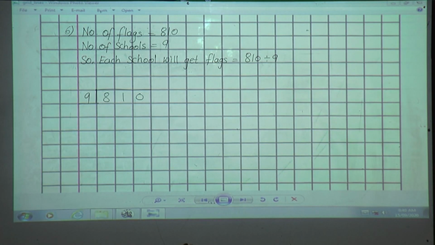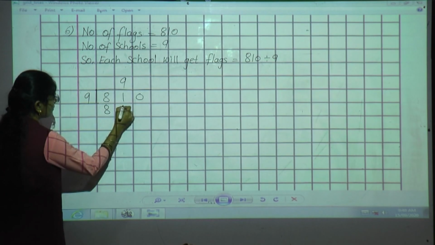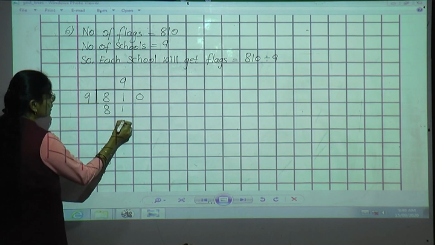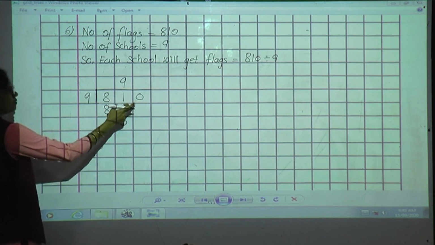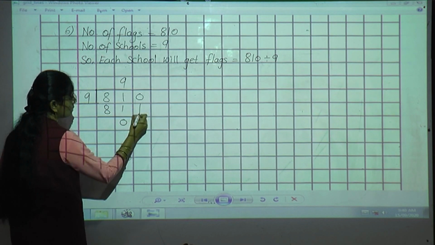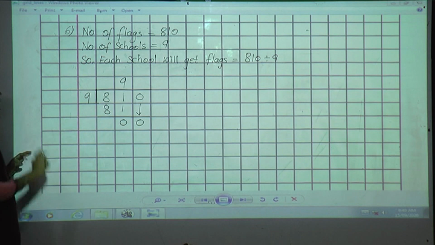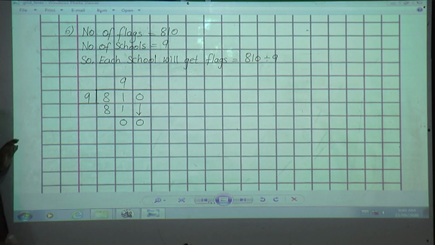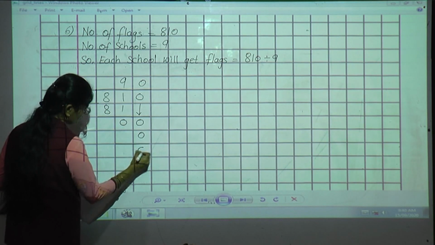See the table of 9, 81 is there. 9 9s are 81. Now 81 minus 81, 0. Now here one more digit is remaining, that is 1's place. Here 0 is there, so that 0 will come down. So here we have 0 now. Now 0 by 9, 0. So here we will write 0, then 0 minus 0, 0.